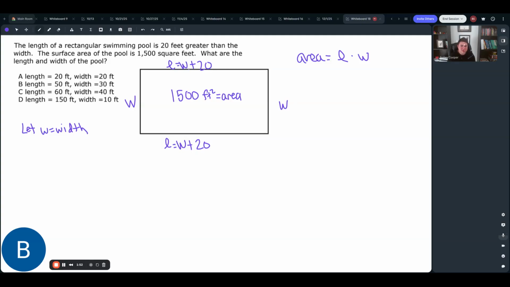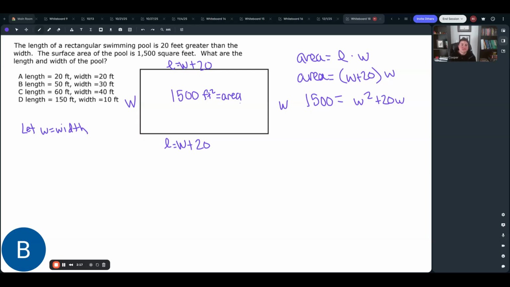Because we have length in terms of W, we could say our area is equivalently equal to W plus 20 times W. And we actually know what that area is. It's 1,500. So 1,500 equals, let's just distribute that W here while we're at it, W squared plus 20W.